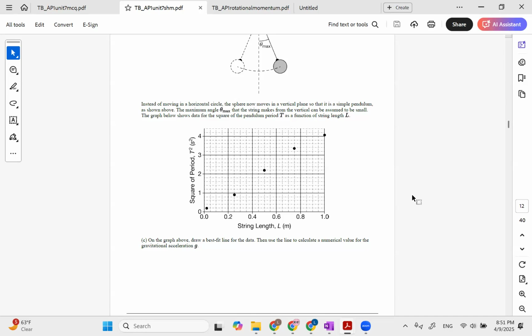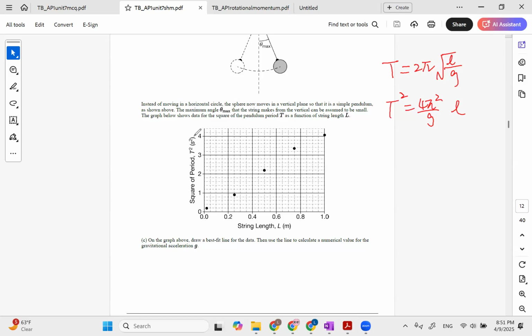Is it the inverse of the slope? So what's the equation? It would be T equals 2 pi square root of L over g. So you get T squared equals 4 pi squared over g times L.